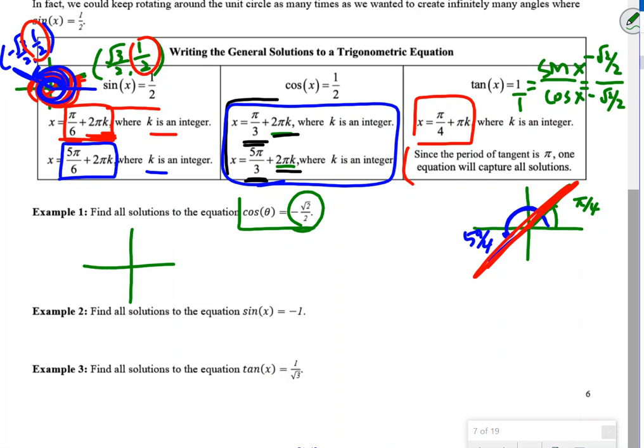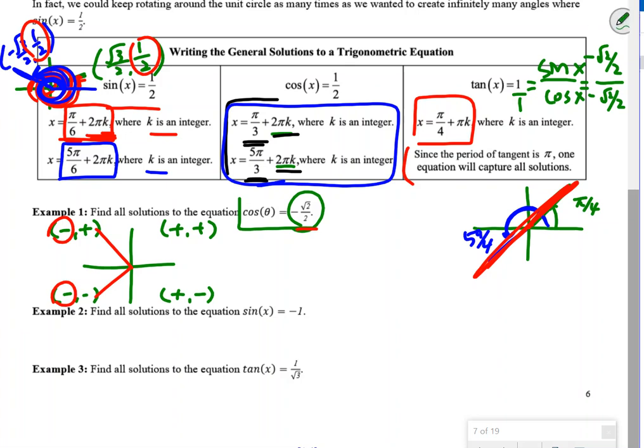So when you look at cosine negative, then when you put it in the quadrant signs, cosine is negative here and here. And when you think about this trig value, I need to be in the second quadrant 45-degree family and the third quadrant 45-degree family.